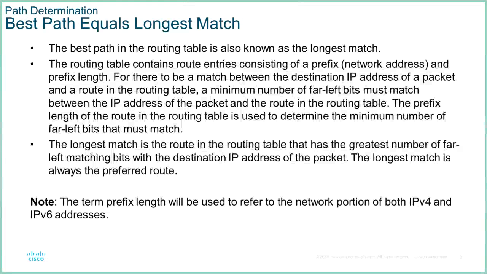Okay, so we need to match the destination IP address in the packet with the reference networks in the routing table. We match from the left bit towards the right, and we want to have as many of those match as possible before we select the path.